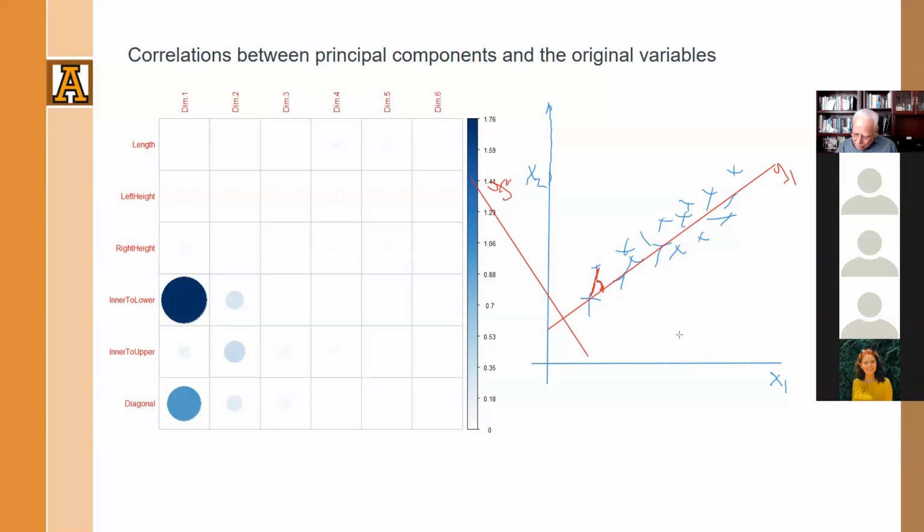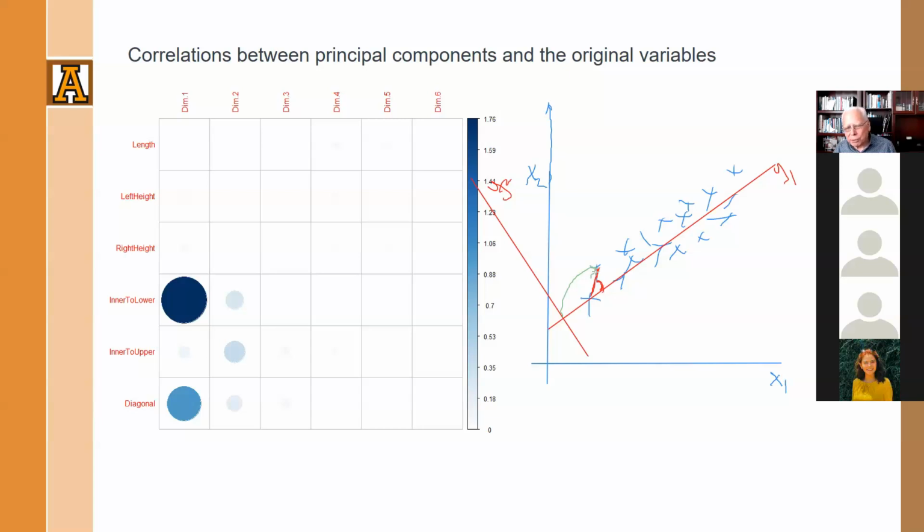If I look at the angle between these two other variables, this is y2, right? If I look at the angle between this and the same observation, that angle is much greater. So it's a measure, because this variable is not contributing to the second component.